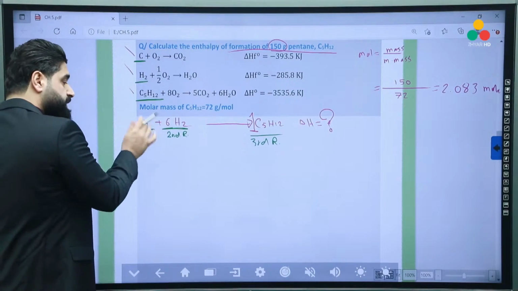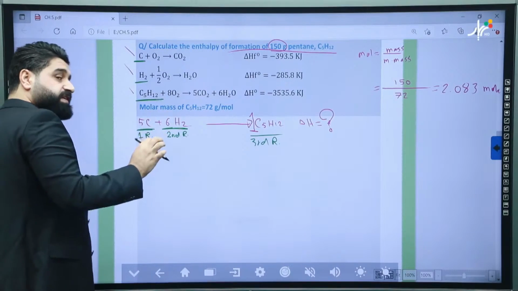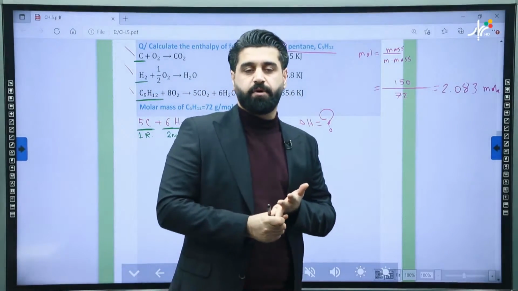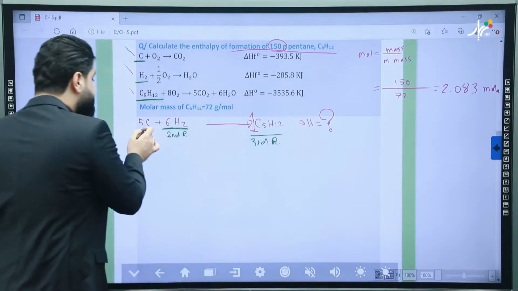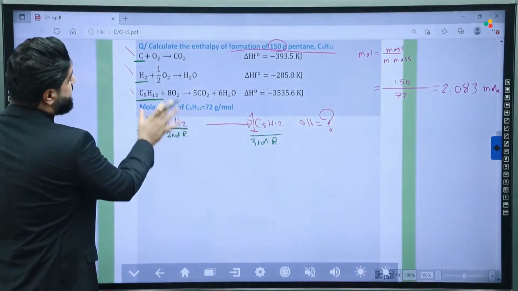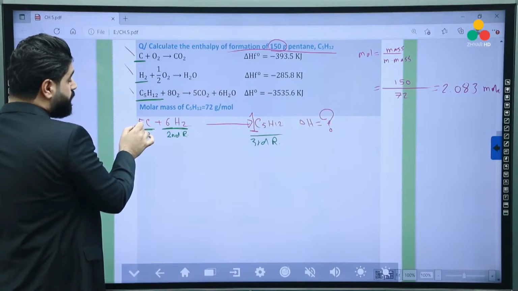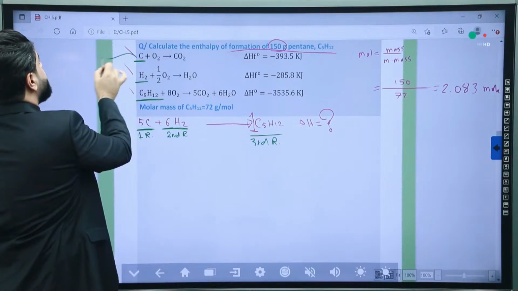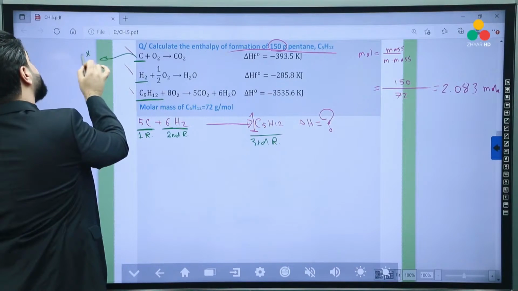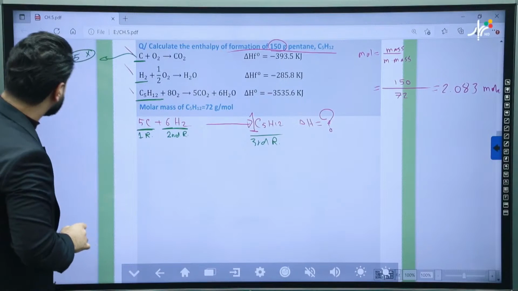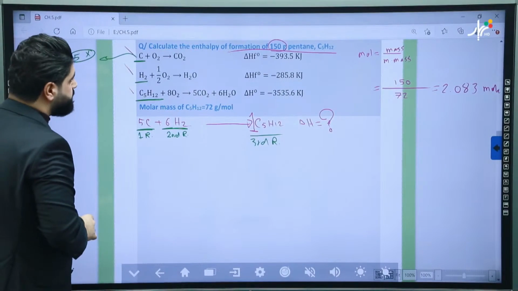Then arrange each of them according to the general equation. Here, for each of them investigate their positions and number of moles. Here we have carbon as a reactant, but carbon has 5 moles, and here 1 mole, so multiply by 5. So the first equation must be multiplied by 5.